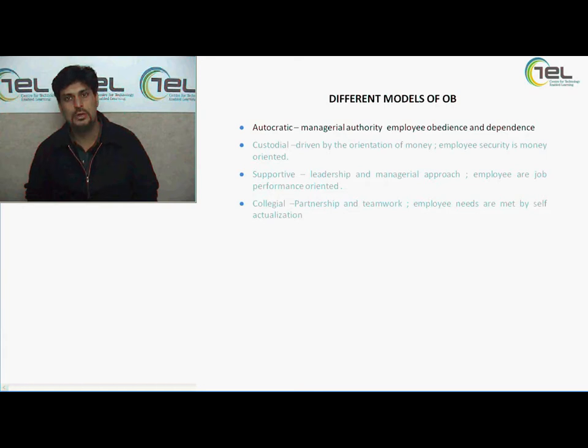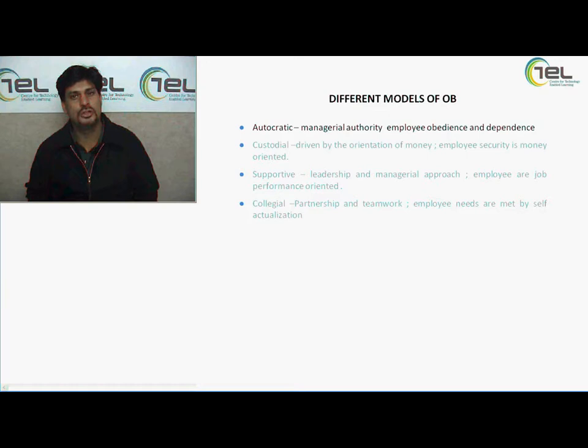We have divided out the different models of organizational behaviors, which means people tend to respond to the type of organizations in which they are working, or the same individual tends to behave or perform differently when he is put into different models of organizations. We are looking at four different models which exist.